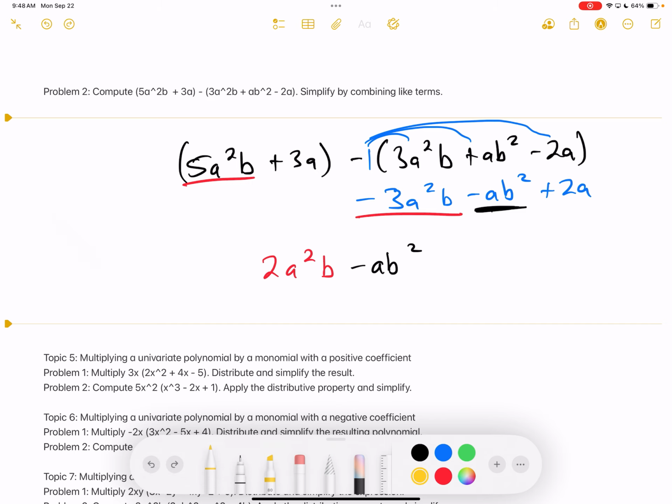So what you are actually doing, if this makes sense, I have 0 ab squareds on the left, and then I'm subtracting a positive ab squared, which makes it negative. If that makes any sense. There's not one on the left, and then it's positive. So if you just distribute that negative through, it takes care of that situation and you don't run into that. It's very common to just be like, oh, I don't have one of these over here, so I'm just going to rewrite it. But you have to change the sign because of the negative. So distribute that -1 through. It makes your life so much easier. And then 3a plus 2a would be 5a.